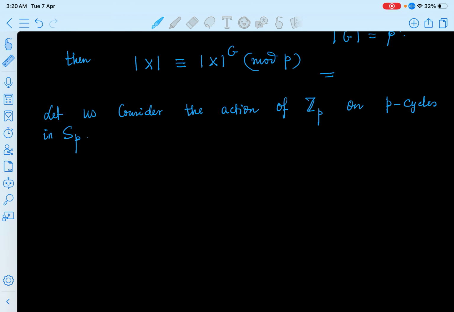You know Sp is the permutation group with p elements. But taking the p-cycles, we are taking the collection. Let us define the collection Sp prime as the collection of p-cycles in Sp.